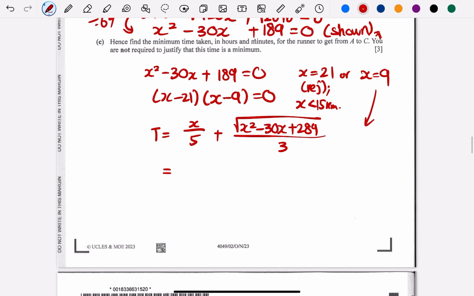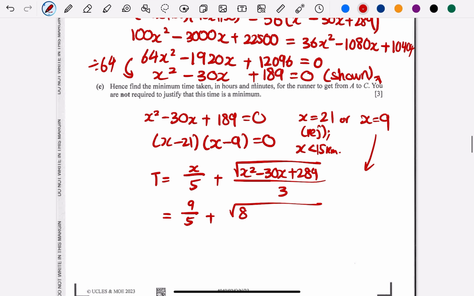So we just sub all our values in. 9 over 5 plus the square root of 81 minus 30 times 9, which is 270, plus 289, over 3. Press this whole chunk in your calculator. Oh, sorry, there's no x here anymore, my bad. There's a minus 270 plus 289.